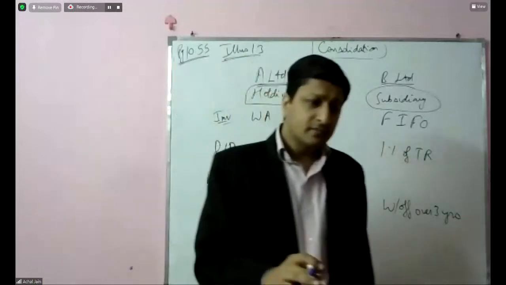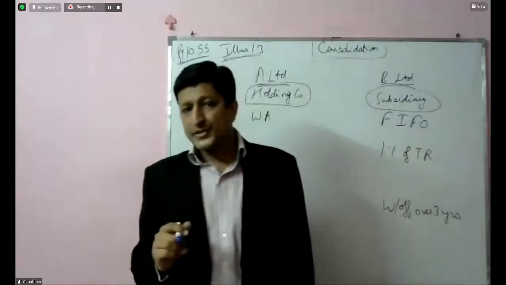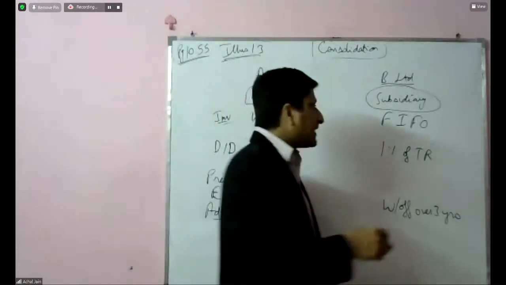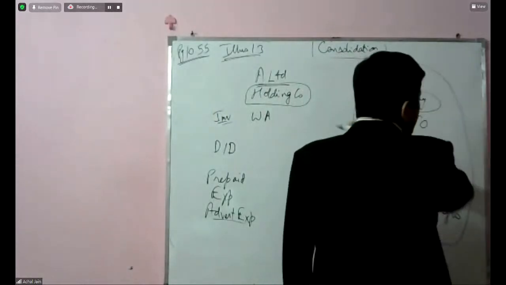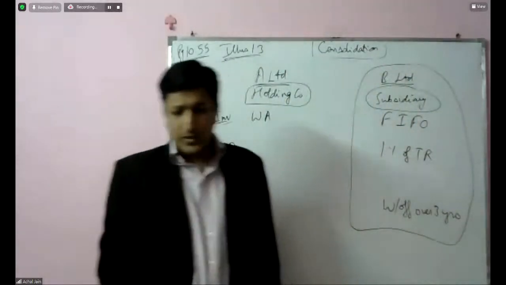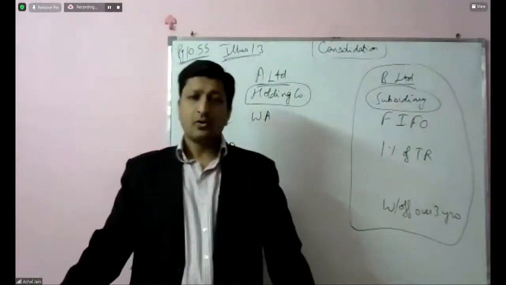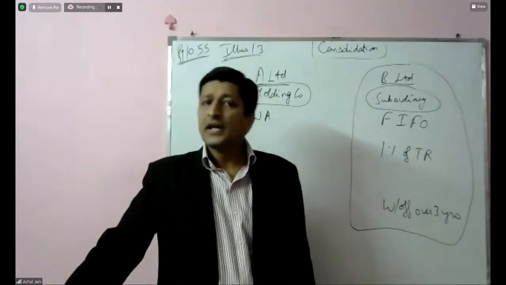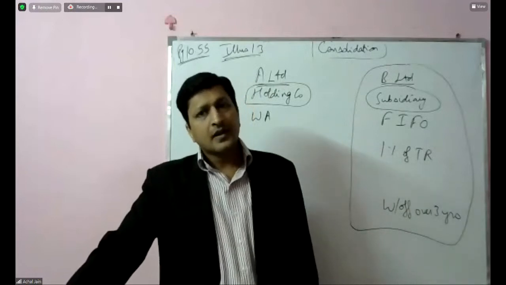But if they continue to follow different accounting policies for the purposes of consolidation, alignment is important. So that's why B Limited will have to align its accounting policies when it goes for consolidation. Okay. When it goes for consolidation, B Limited will have to align its accounting policies. Clear? Clear on this?